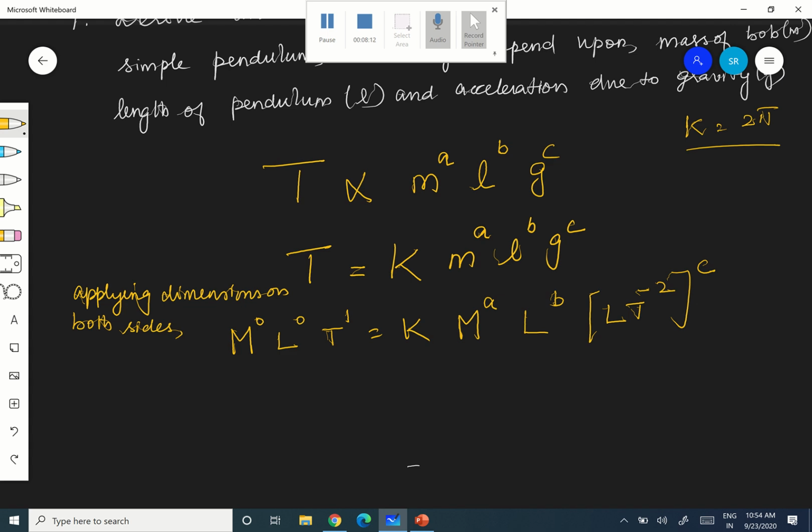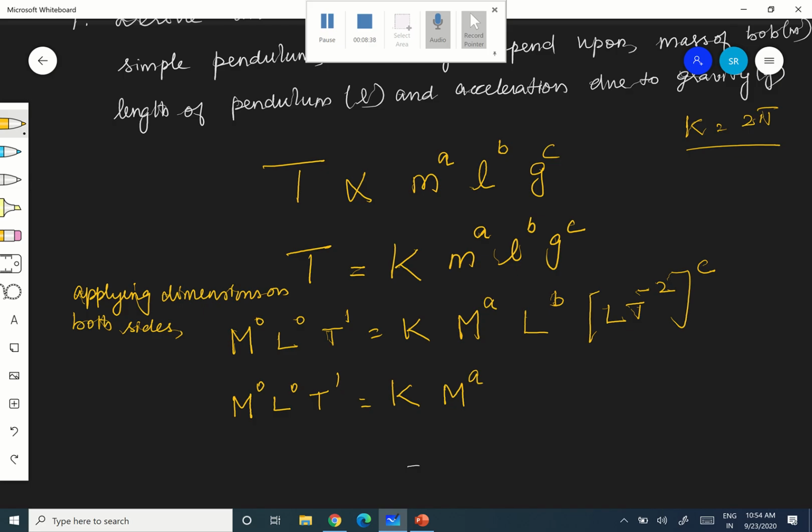Is it? I think we have already seen. Okay. Therefore, now what you have to do? Now you consolidate. M power 0, L power 0, T power 1 is equal to k. You have to consolidate. Any M here? M power a, L power b, L T power minus 2, whole power c. Therefore, there is no other M, so M power a only.